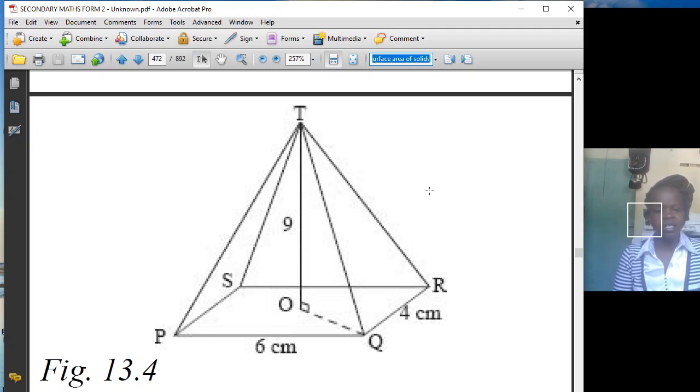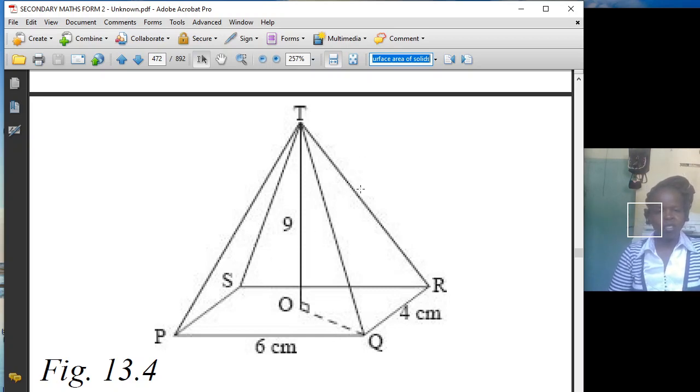You can get S, substitute in Heron's formula, and you get the area of one face, then times 2. And for the other face, you use the same process. The slant edges are equal. So you can get the perimeter sum, get S, substitute in Heron's formula, you get the area of one face, then you multiply by 2.